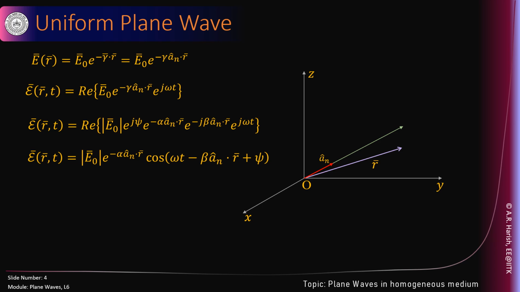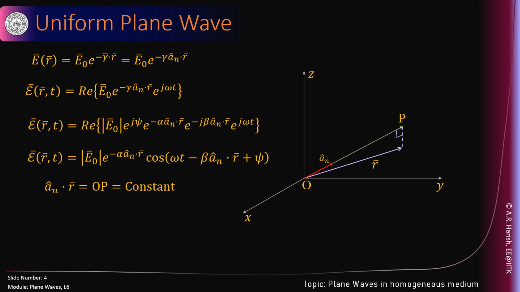Therefore, we ask the question, what does a n cap dot r equal to constant represent? So, a n cap dot r, let it be equal to OP equal to constant. Geometrically, it is a projection of r bar onto a n cap, which is OP, and that is constant.